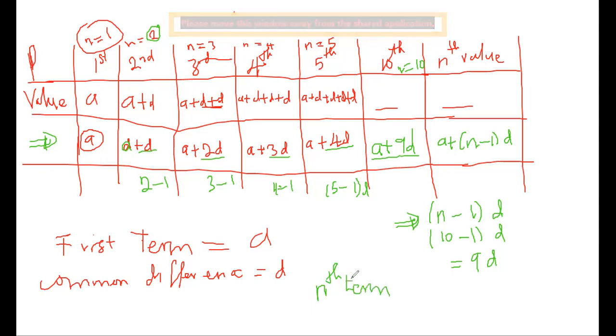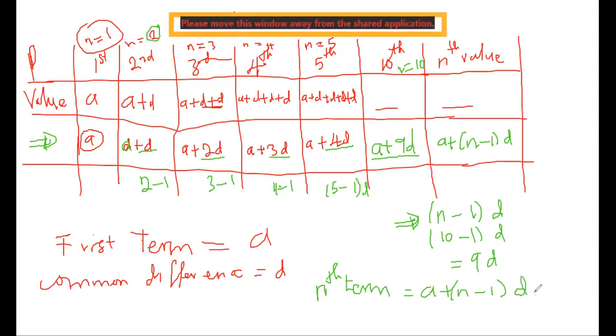So the nth term is equal to A plus n minus 1 times the what? The D. Is that okay? Yes, teacher. Okay, so we can proceed and do some examples.